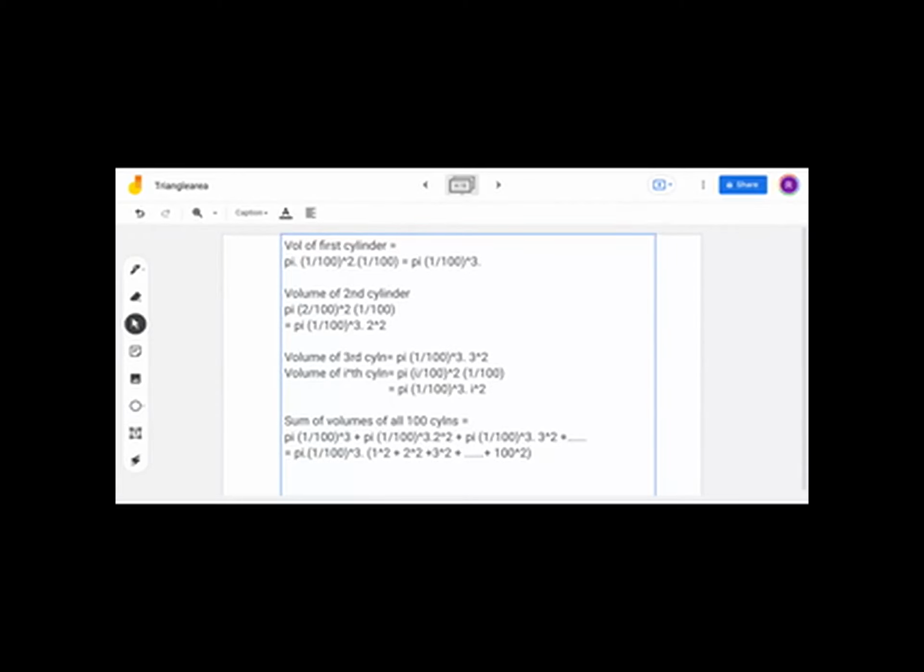Have we done the formula for 1 squared plus 2 squared till 100 squared? Who remembers how to do that? Has anyone done that formula or not done it yet?